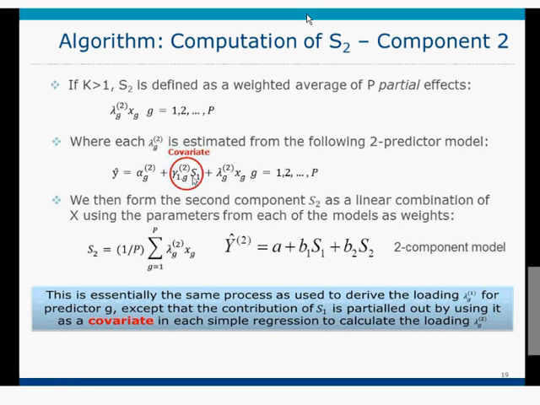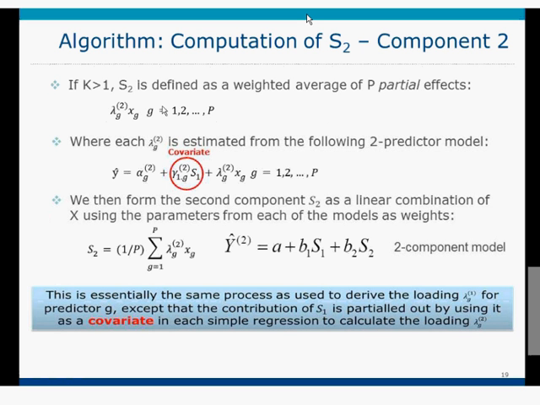And we put that in the regression equation as a covariate. In other words, it's another predictor. So now for each predictor, xg, one at a time, we enter that and do a regression of y on S1 and that predictor.